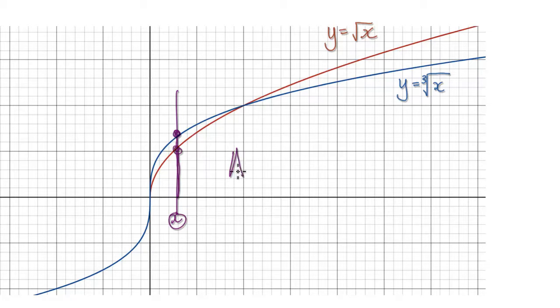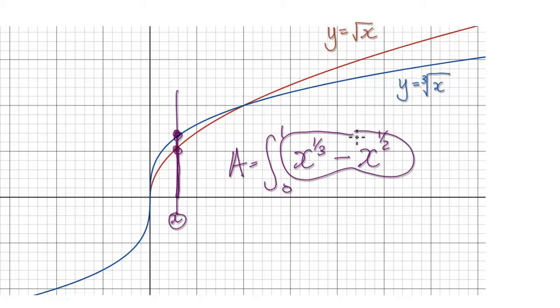So we need the blue line, which is x to the power of a third, take away the red line, which is the square root of x, which is x to the power of a half. That gives you the height in between the two.